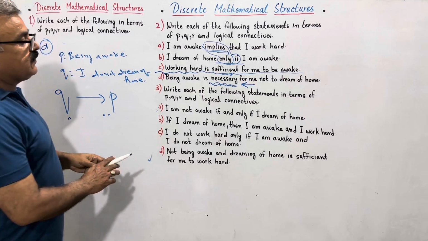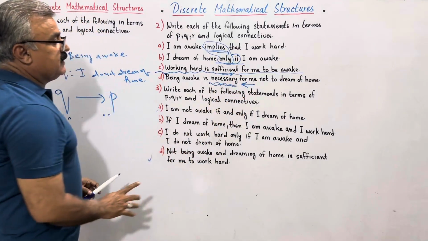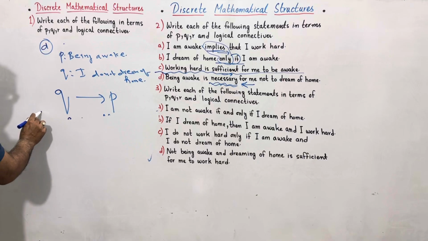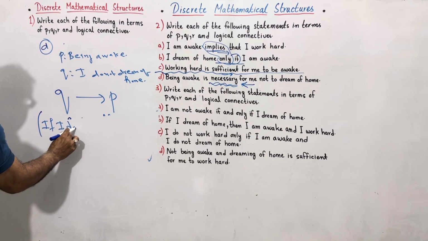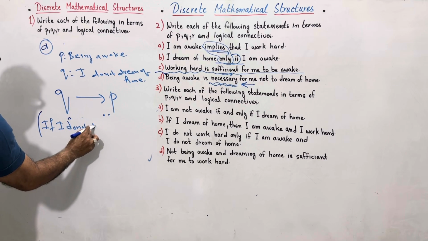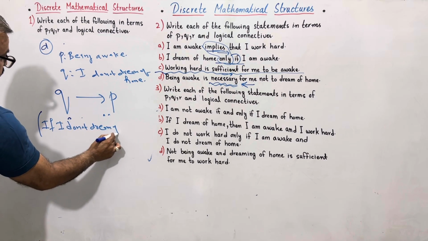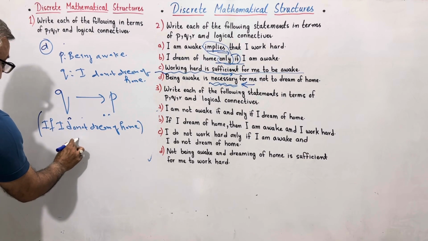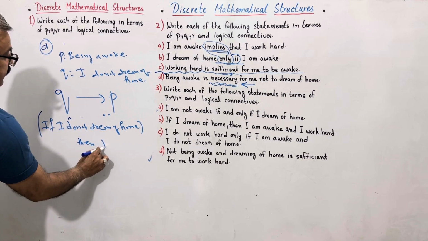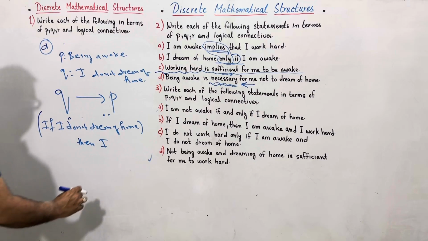In the case of necessary, we have to write the converse of these two statements. If I do not dream of home, then I am awake.